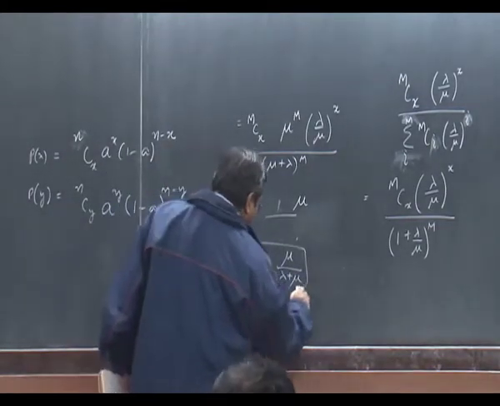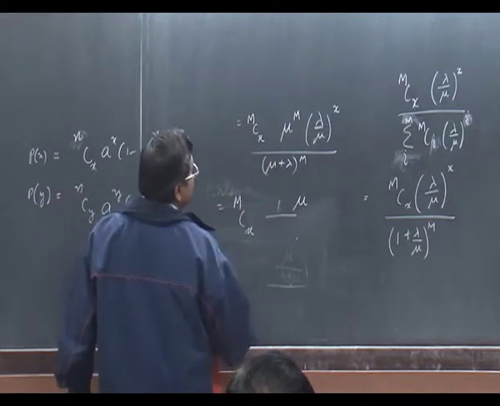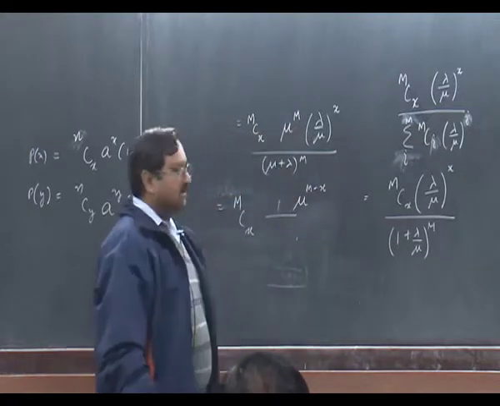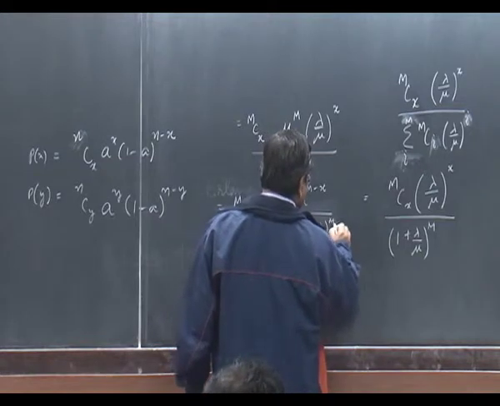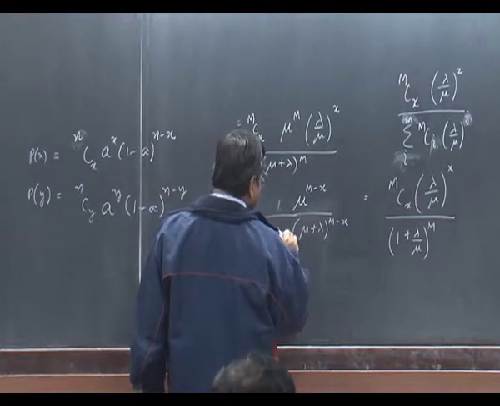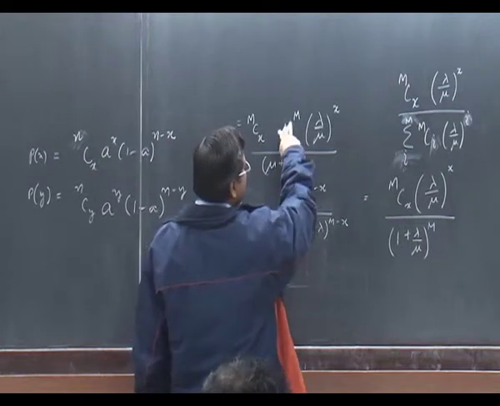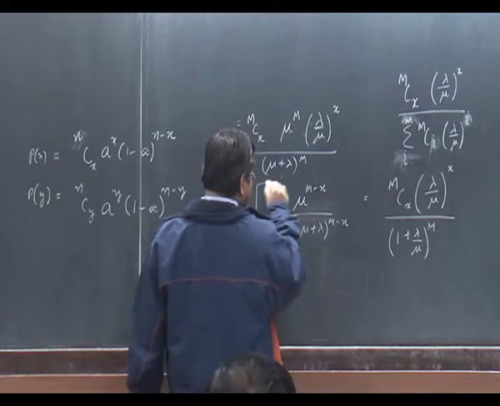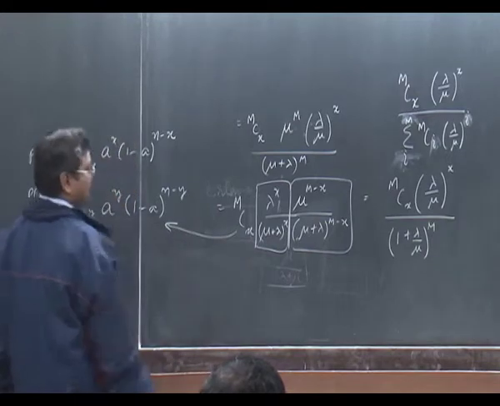So from here, you know what has to be done. So mu to the power m minus x. So I have to take out mu plus lambda to the power m minus x. So here mu minus mu plus lambda, x will be left because this sum has to be equal to this. Mu to the power m minus x I have already taken, lambda raised to the power x will be here. So take this and take this, and you will end up getting this.